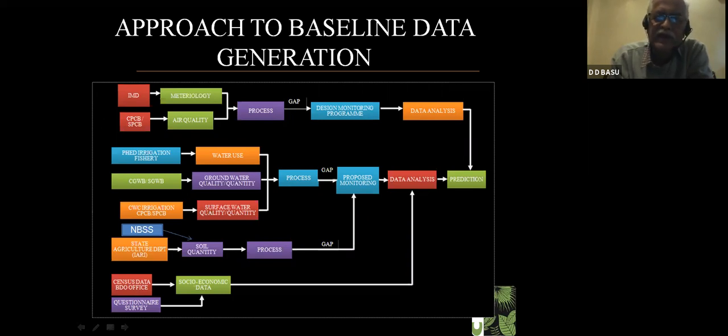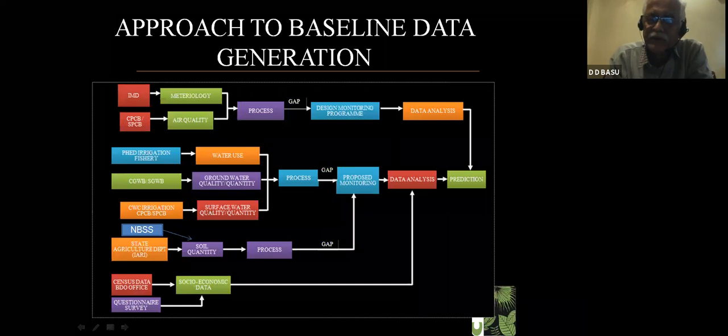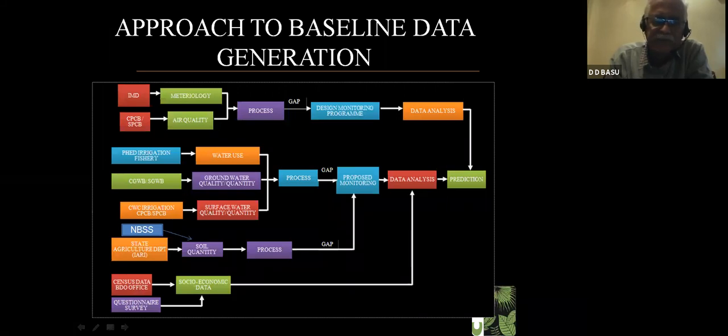For quality, they have nearly 5,000 stations in the CPCB, SPCB network. For surface water quantity data, you will go to the Central Water Commission. They have a database. You process it, you will find what the gap is, and accordingly you initiate a monitoring program, data analysis, and then go for the prediction.